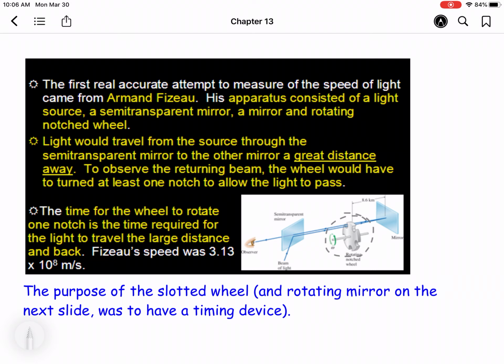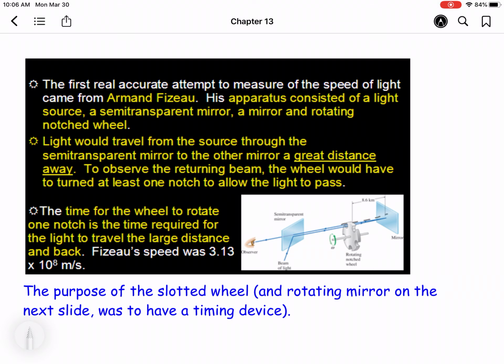But he made this rotating wheel with notches in it. He rotated that wheel and changed the speed of the wheel's rotation. Basically, the time to go from notch 1 to notch 2, because that's when he would see the light, is the time it would take for the light to go down and back.